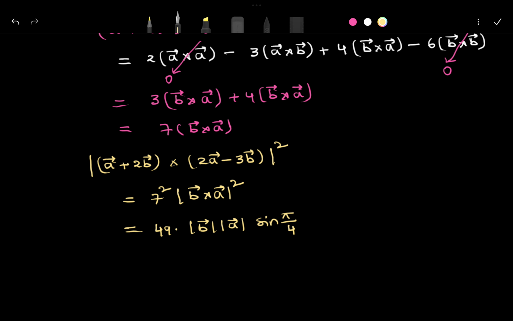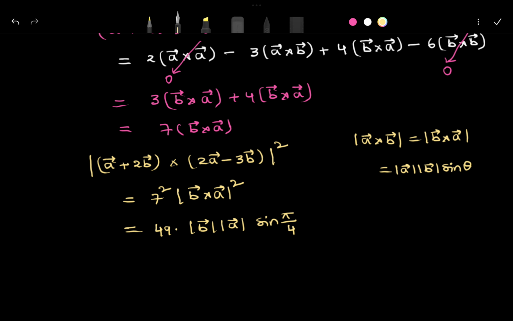What is the formula for the modulus of A cross B? It is the modulus of A into the modulus of B into sine theta, where theta is the angle between the vectors A and B.